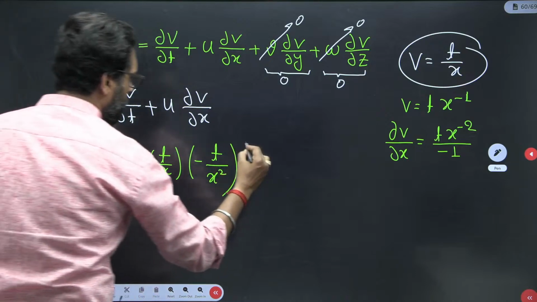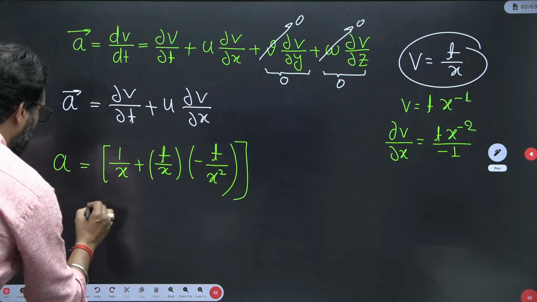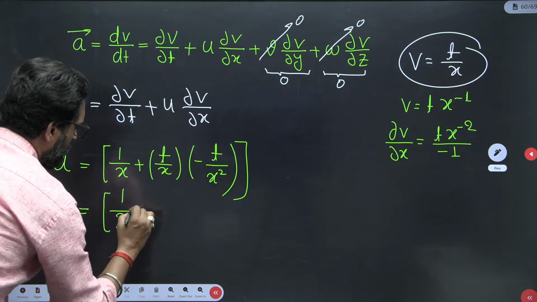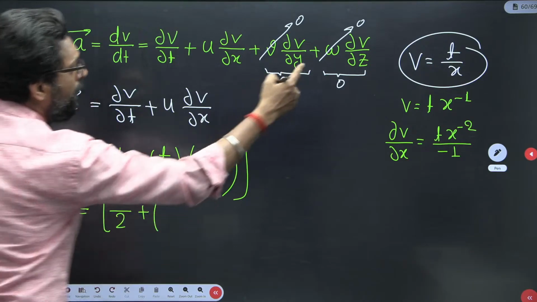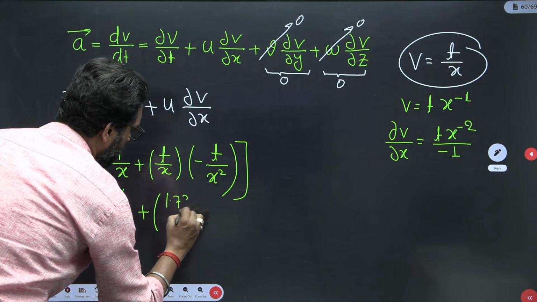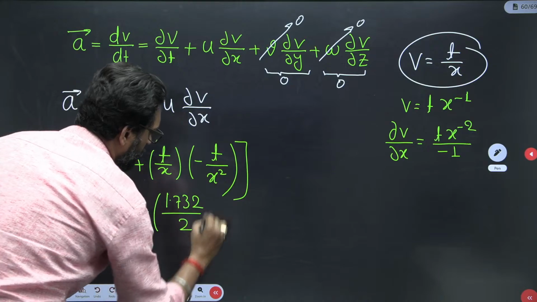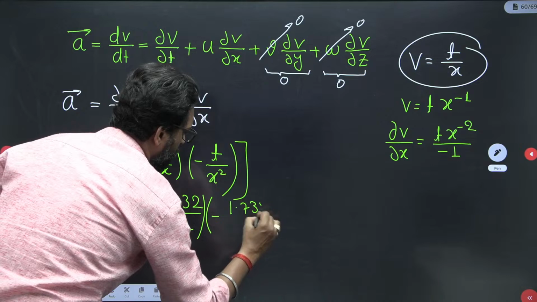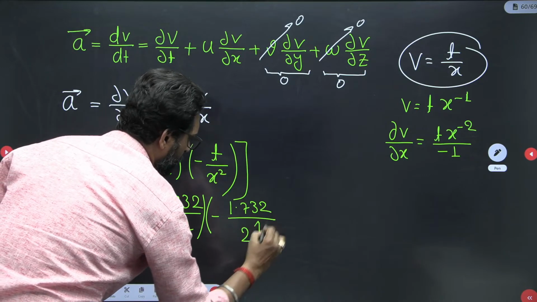Clear? Now all the values you have at x is equal to 2. So put 1 by 2 plus t is equal to 1.732, 1.732 x is equal to 2 minus t, 1.732 x is equal to 2 to the power 4.